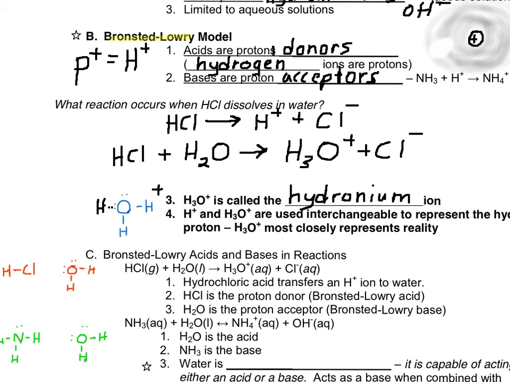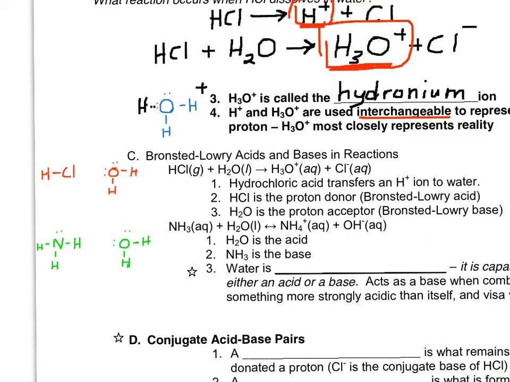And if there's a problem that's asking you something about hydronium, even though there's no hydronium shown in the equation, you have to know that this and this are the same thing, and that they can be used interchangeably with one another. And so if you have a problem asking you about hydronium, but you only see this, that's okay, because hydrogen ions are the same thing as hydronium ions when you have an aqueous solution.